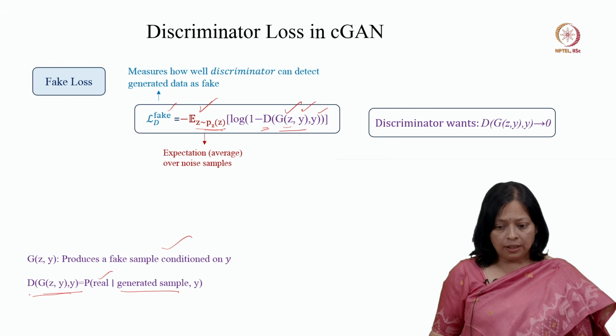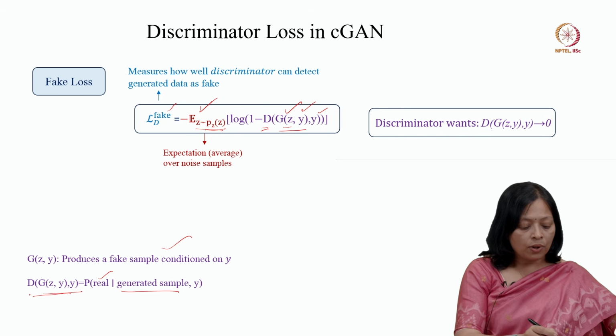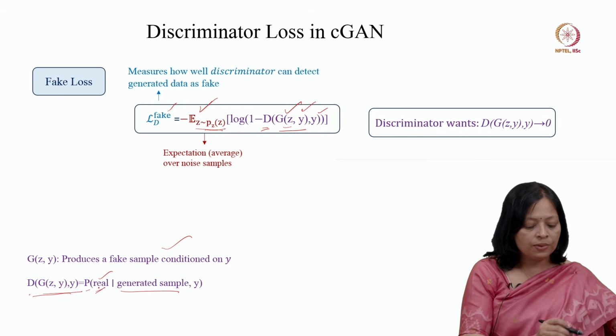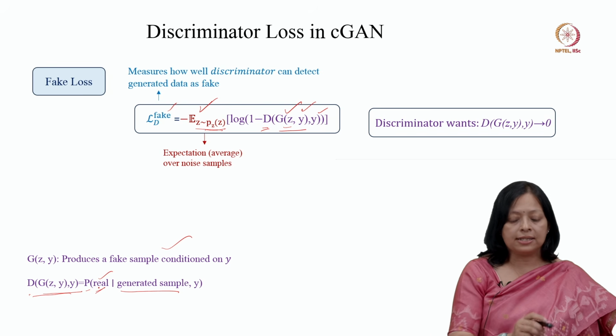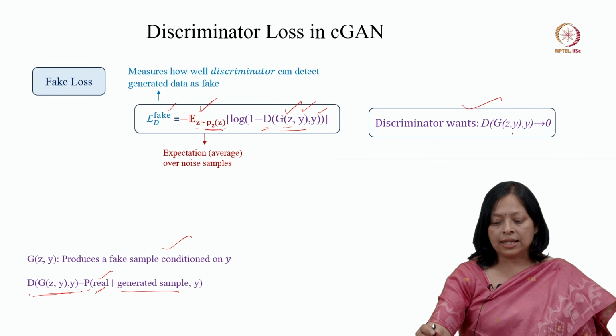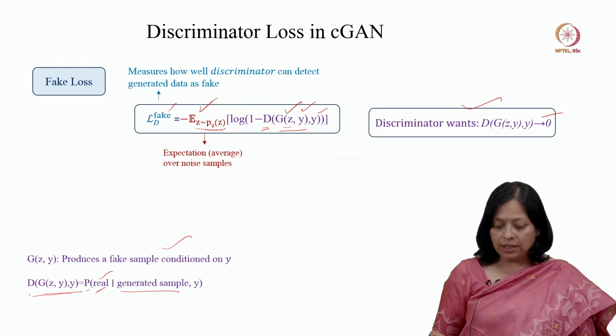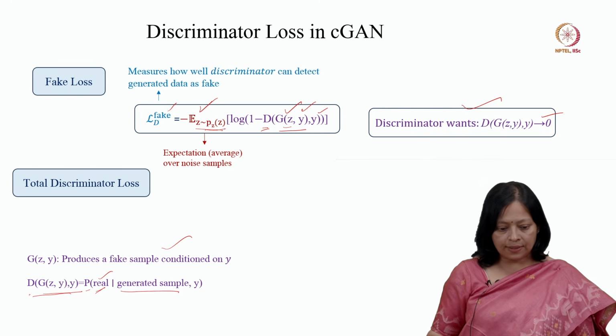The discriminator will never want the probability of this one to be real, because the discriminator knows that it is a generated sample. So, the discriminator would want D of G(z,y) to tend to 0. So, this is what the discriminator wants.